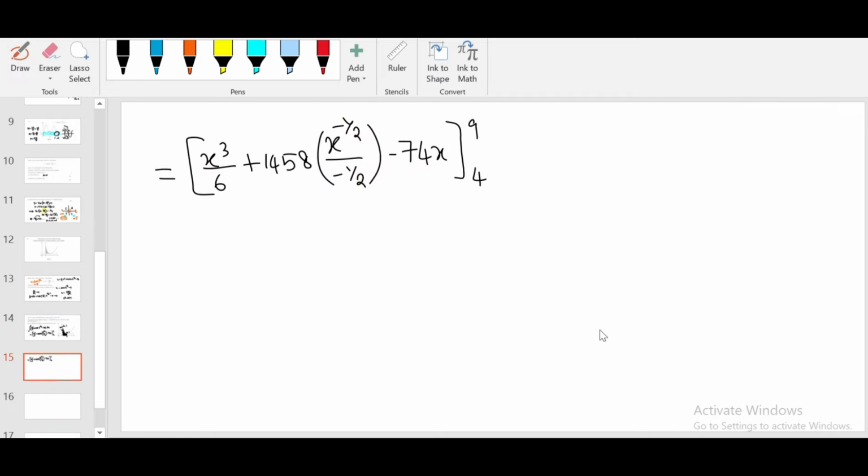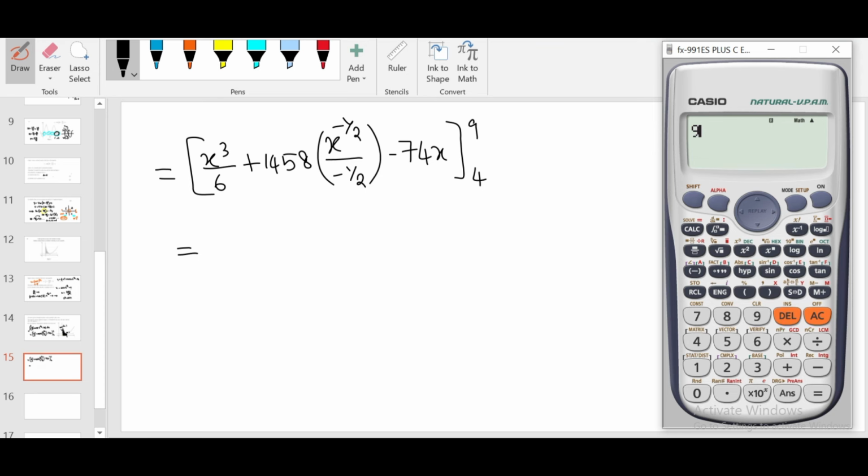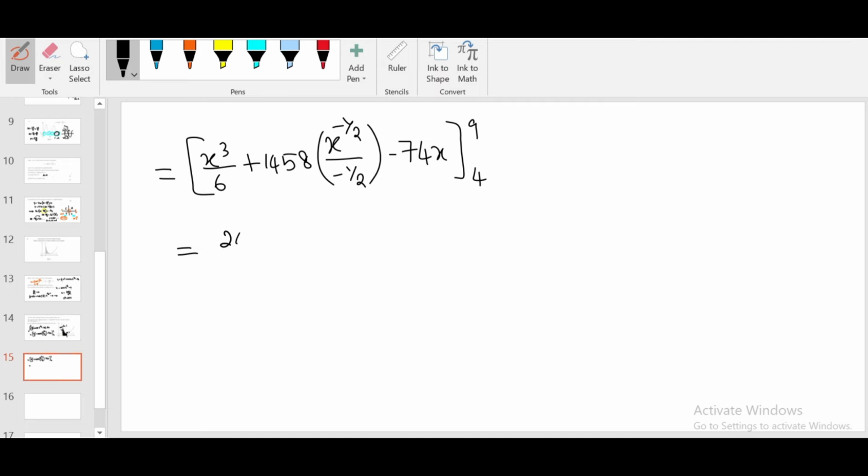So I'm going to carefully sub in the limits now. The upper limit: 9 cube divided by 6 is 243 over 2. And then 9 power minus half is 1 over 3. This whole thing I'm going to write separately: minus 2 times 1458, because of dividing by minus half, times 1 over x power positive half.